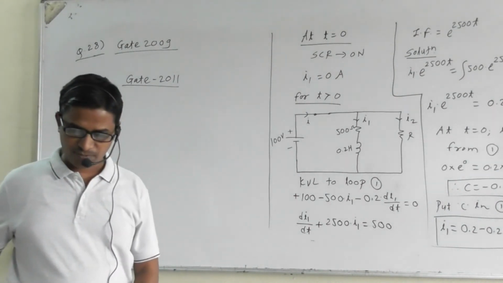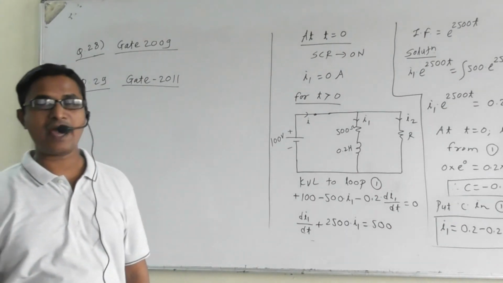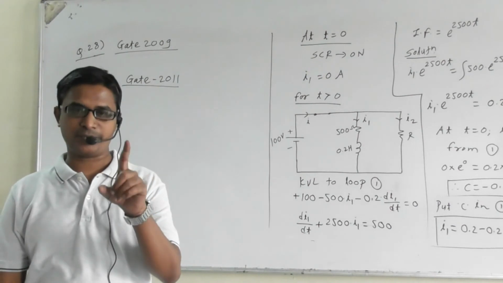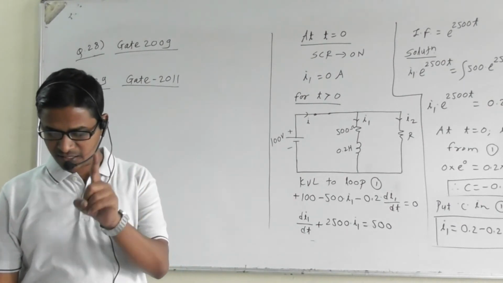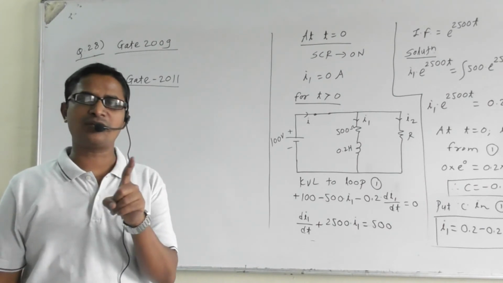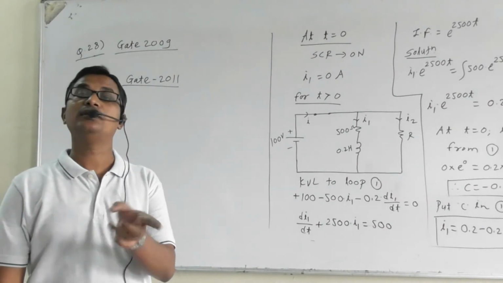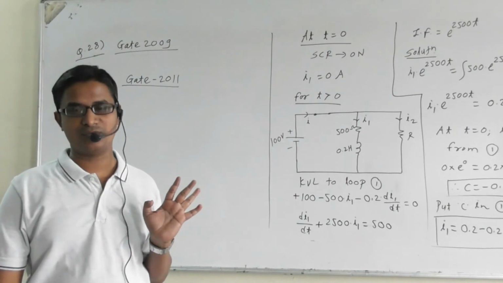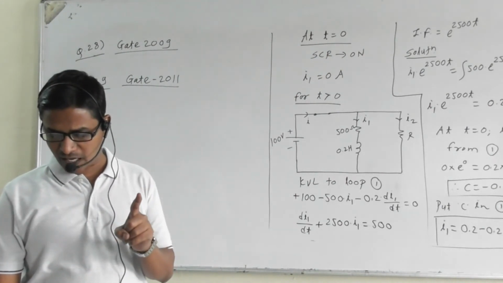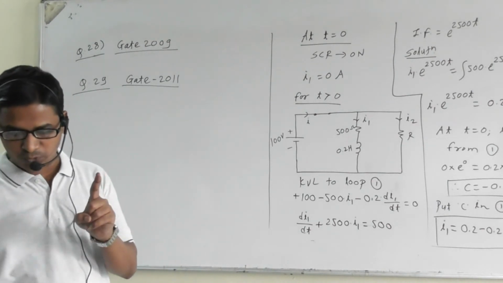The circuit turn off time of an SCR is defined as the time taken, first option, by the SCR to turn off. Is the time taken by the SCR to turn off the circuit turn off time? No, it is the device turn off time. Be careful. Second, the time required for the SCR current to become zero.